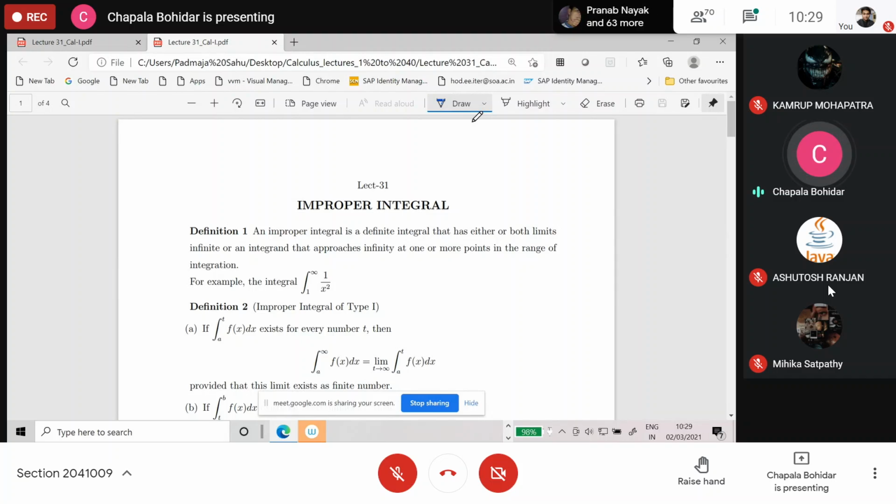For example, the integration from 1 to infinity of 1 by x square dx. It is not written here, dx.